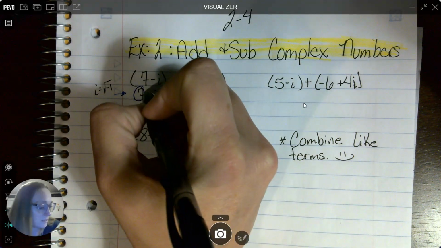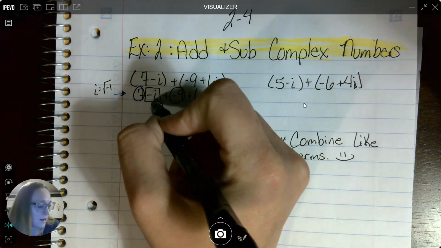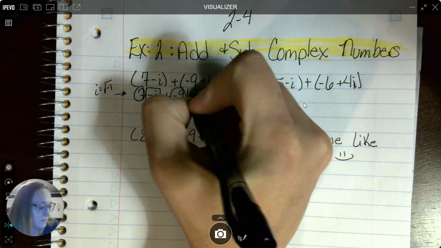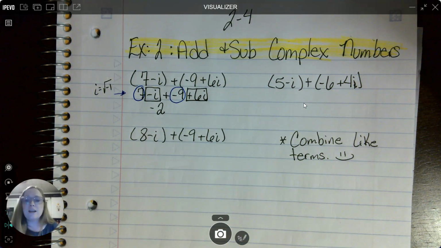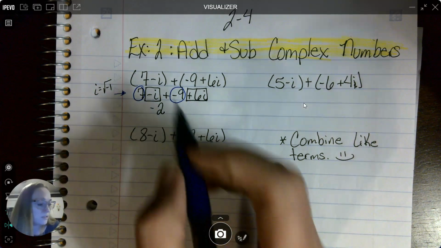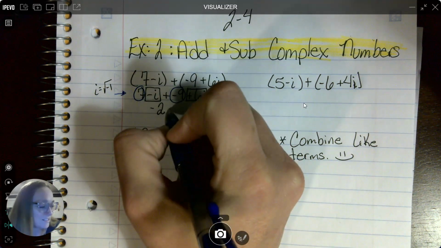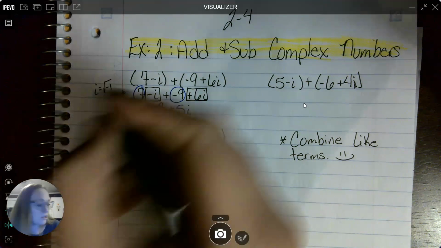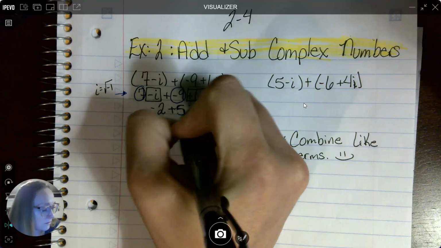Okay, next, following left to right, I have my negative i here, and I do have another i that I can combine with that. So -i plus 6i, again, just combine like terms as if it was x's, like you've always done. So -1 plus 6 is 5, and we get 5i. Ooh, I think I changed colors on you there, didn't I? 5i.